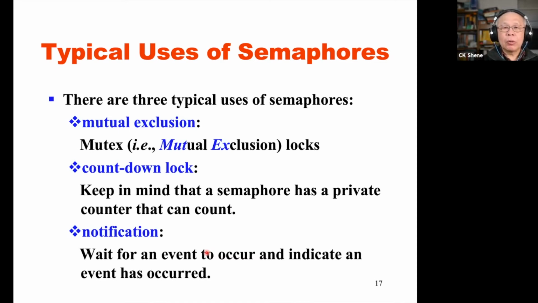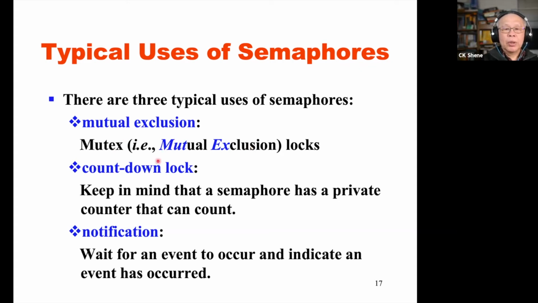Throughout my career in using threads and synchronization, I can categorize the use of semaphore into three categories. The first one is to use it for achieving mutual exclusion. Usually, this is referred to as a mutex lock. Mutex is from mutual exclusion. This is the easiest one.